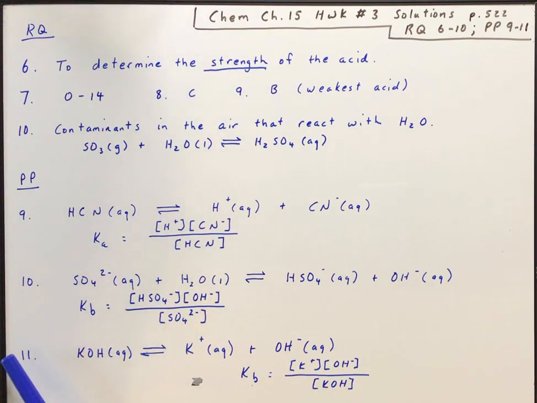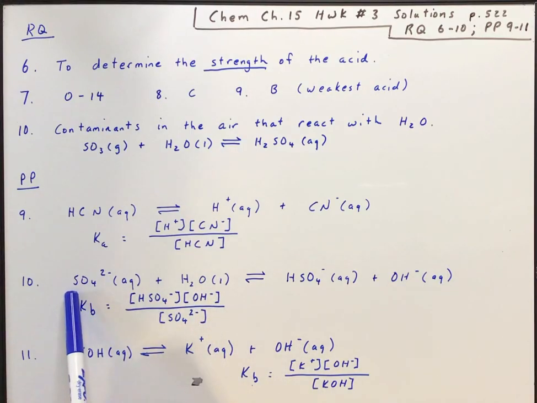So number 10, what is the base ionization equation for SO4 2-? So with a covalent base, let's say a non-hydroxide base, what we do is we add liquid water as one of the reactants.